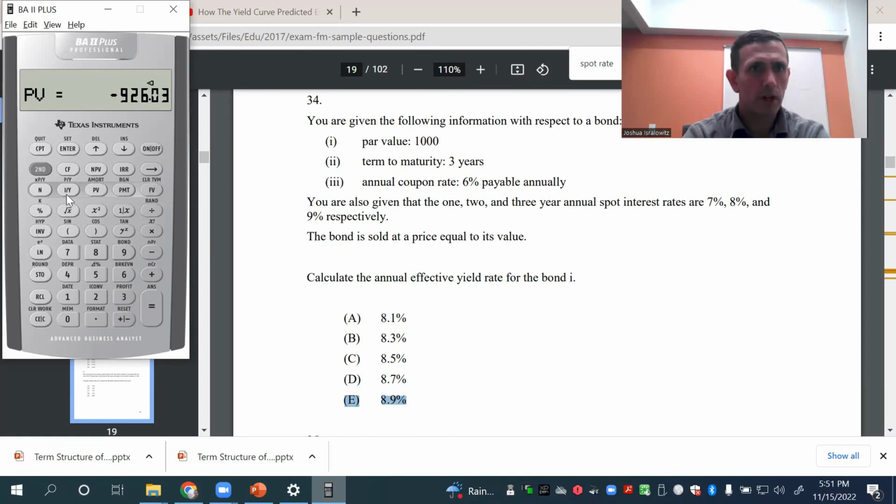Compute the interest rate for this annuity. Bonds are annuities. And lo and behold, again, 8.918%. So 8.9%. Either way you do it is fine.